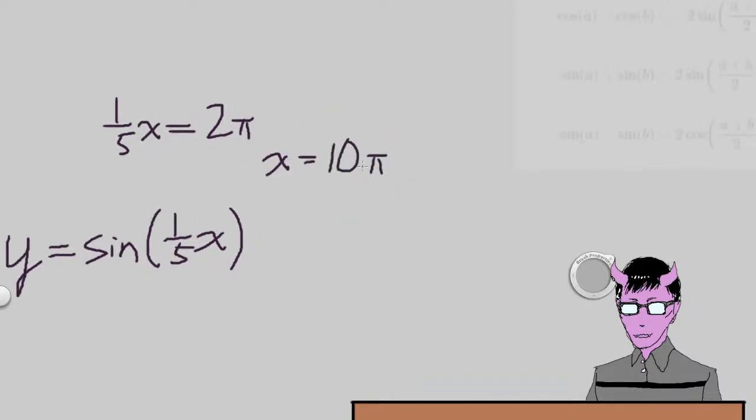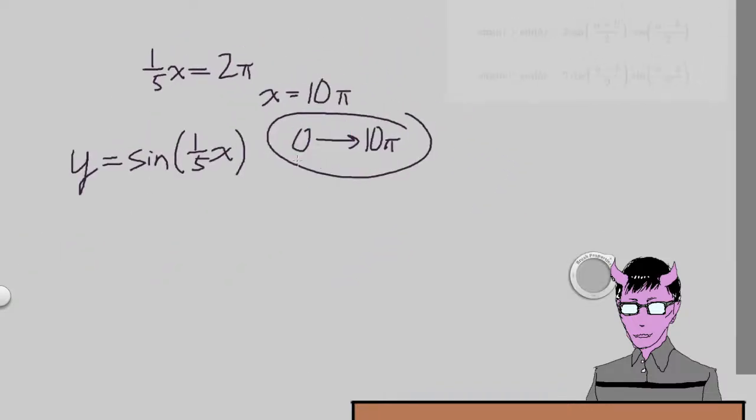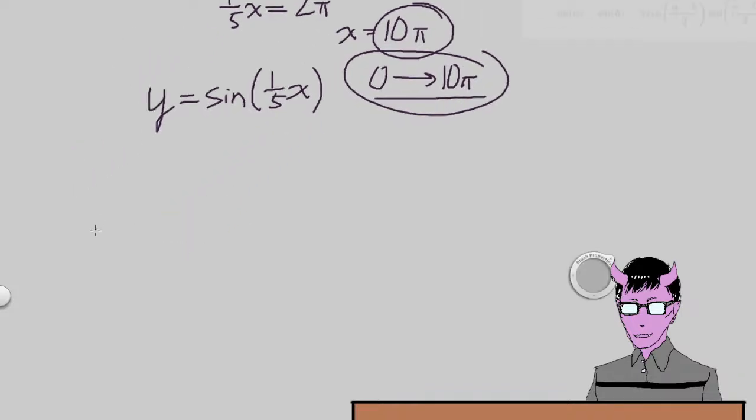So now it takes from 0 to 10 pi unshifted to reach full reset. This is referred to as the period. The period is going to be 10 pi, which we got from this setup. So the way I like to graph it is, again, I just like to put 4 hash marks so it doesn't stretch my graph ridiculously.